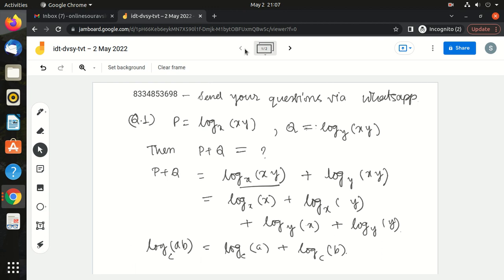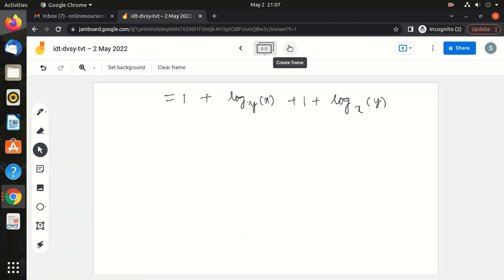So actually you can do a better thing, I will tell you later. Plus 1 plus log y of x, so this thing is giving me this. So then what you are getting is 2 plus log y of x plus log x of y.